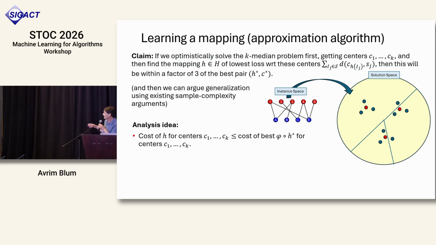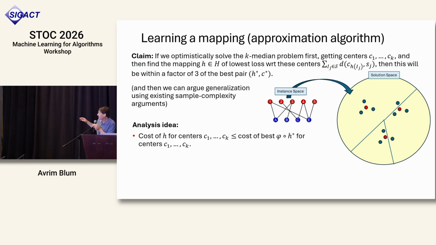Okay, so here's the analysis idea. So the H that we find works best for the centers C1 through CK found by the K-median problem. Great. That's at least as good as the cost of the best phi of H star for these centers, because after all, we found the H that was best. So it's at least as good as this other thing, phi of H star for these centers.